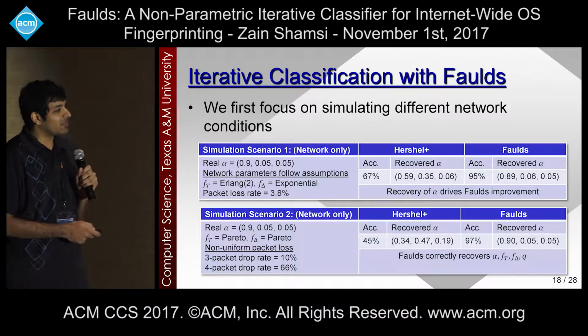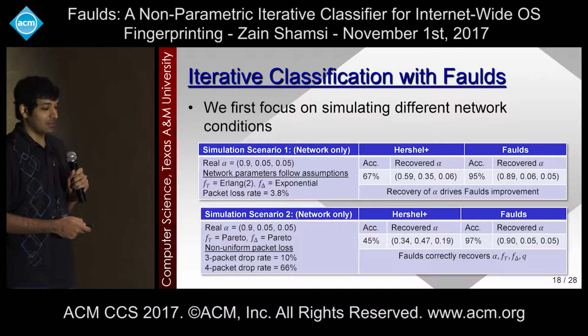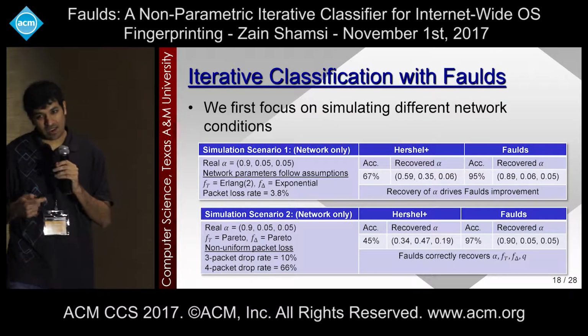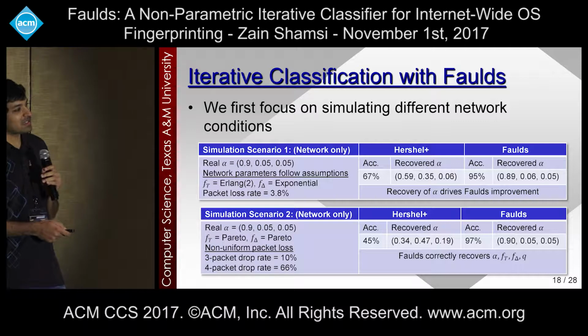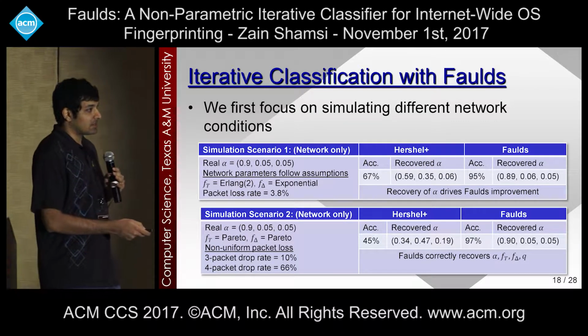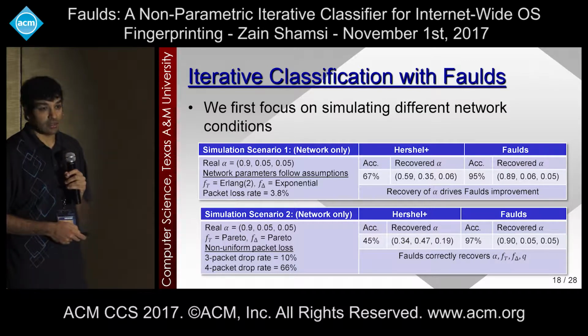And the recovered alphas are tending towards correctness. It's going to 60% Linux. And you can see it's kind of trying to get there, but that's what Faulds actually does, it goes on, iterates over it, and recovers very close to the correct alpha, and that helps us get 95% accuracy.